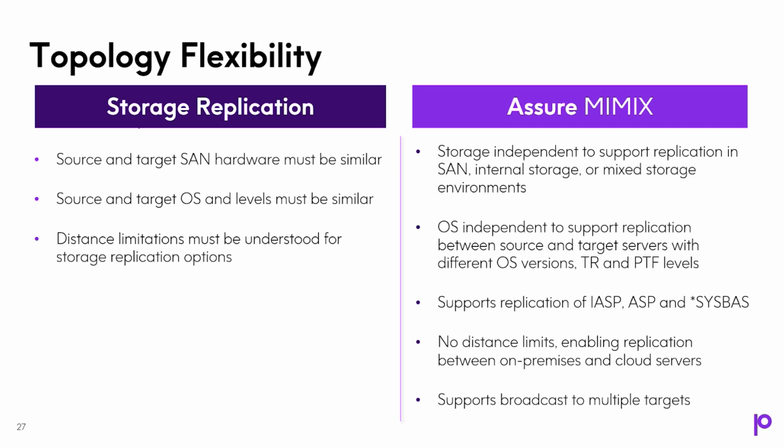So storage independence: different storage devices, even different storage vendors, you have that flexibility. OS, you can have different versions of OS level and technology refresh and PTF levels, very flexible. No distance limits, it's just a TCP/IP network, and we can handle lesser quality networks. Supports broadcast to multiple targets.